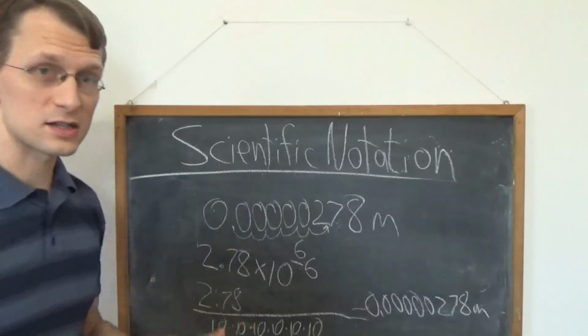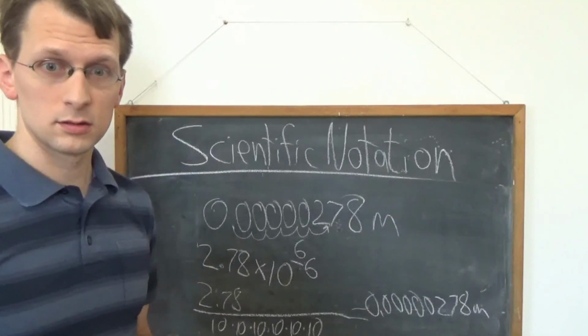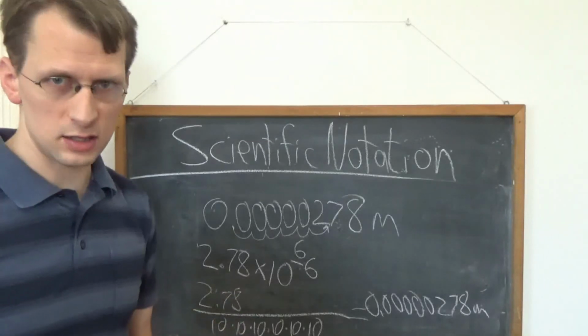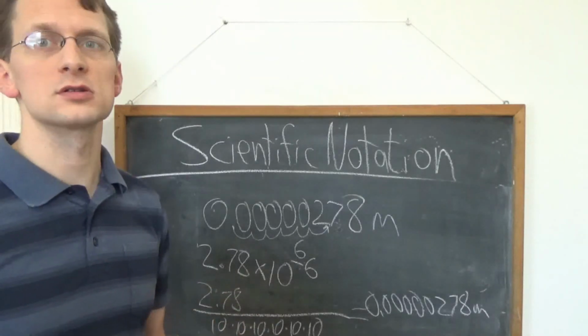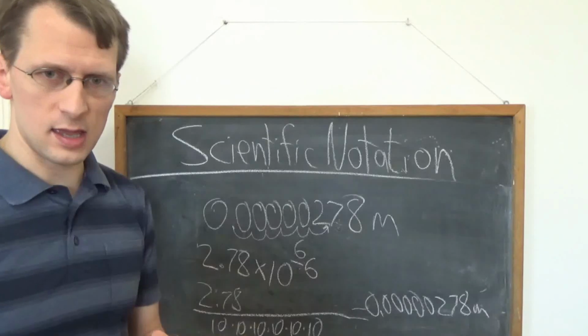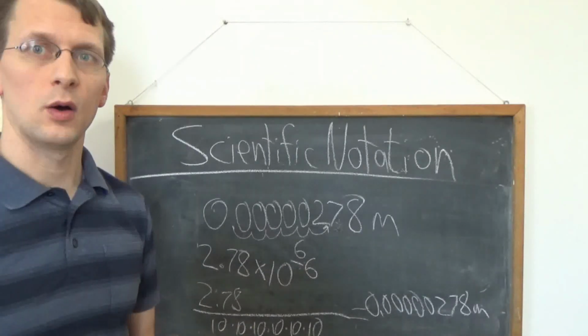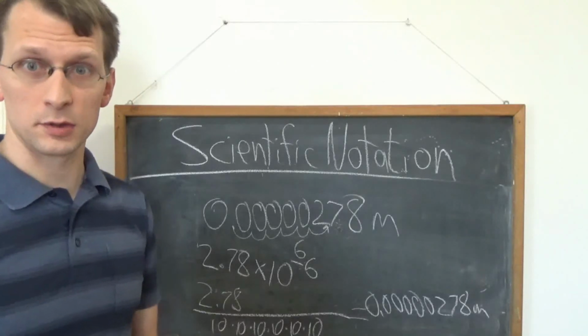That's all that the scientific notation is doing: it's shortening the way that you can talk about numbers so that it's a more condensed, easier to handle way of utilizing the numbers.